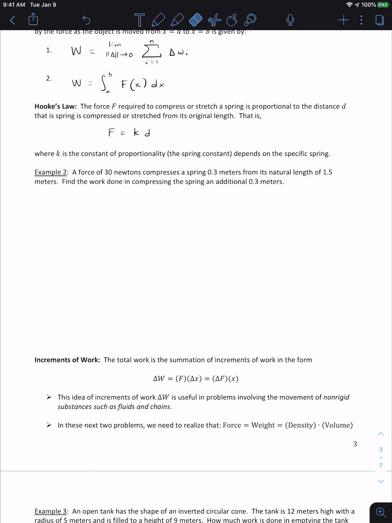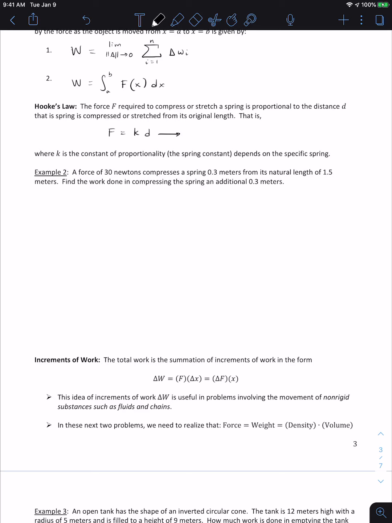K is this constant of proportionality called the spring constant, and it depends on the specific spring. If a spring is made out of a certain material, or is thicker or thinner, it will give a different spring constant. Since we're finding the work, we need to take the integral of the force function.